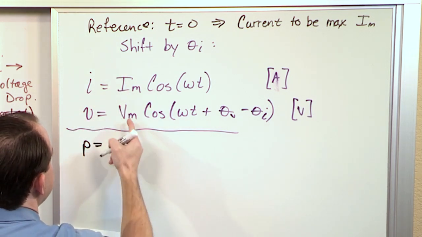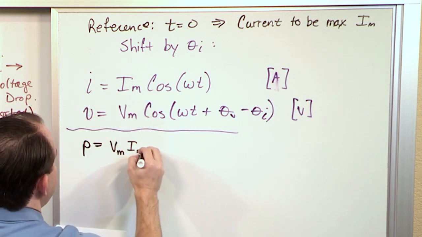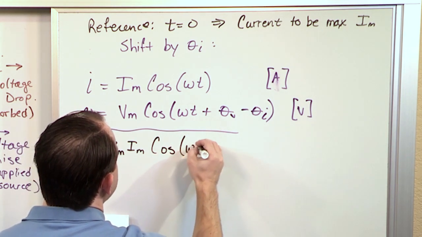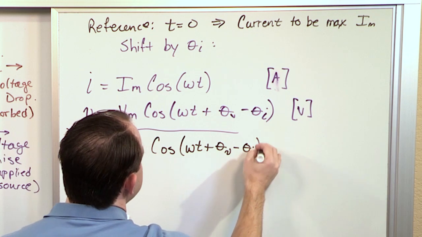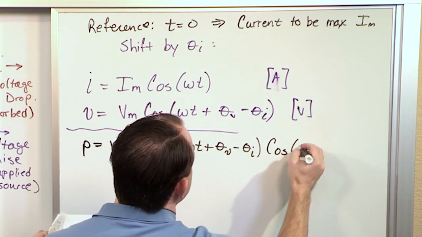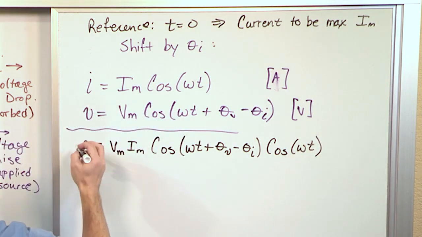So let's multiply these together. You'll have Vm times Im, and then the cosines multiplied together: the cosine of omega t plus theta v minus theta I, times the cosine of omega t.